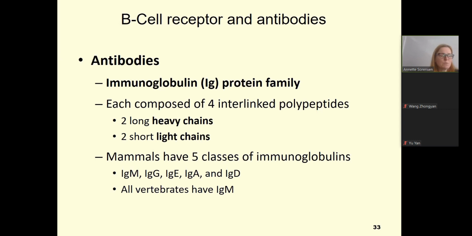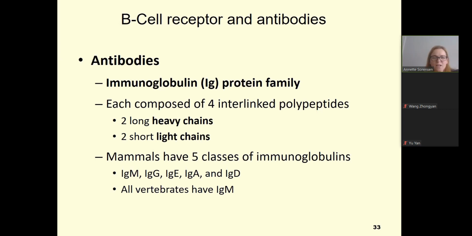Okay, so these immunoglobulins are composed of 4 interlinked polypeptides, 2 long heavy chains and 2 short light chains. There are 5 classes of immunoglobulins: IgM, IgG, IgE, IgA, and IgD.